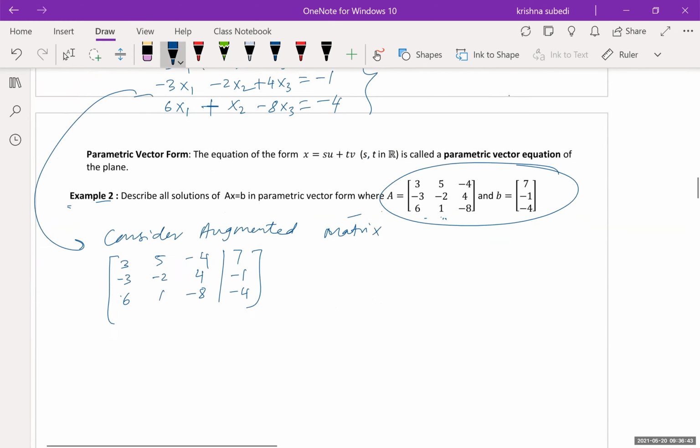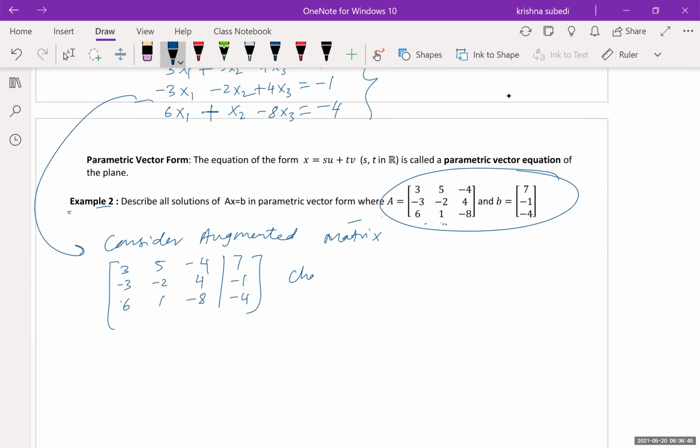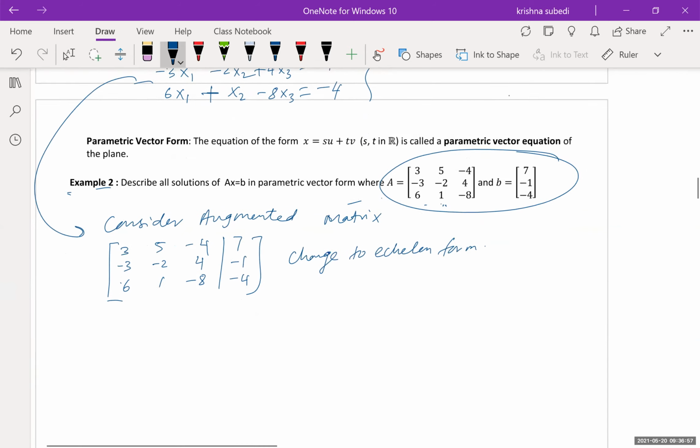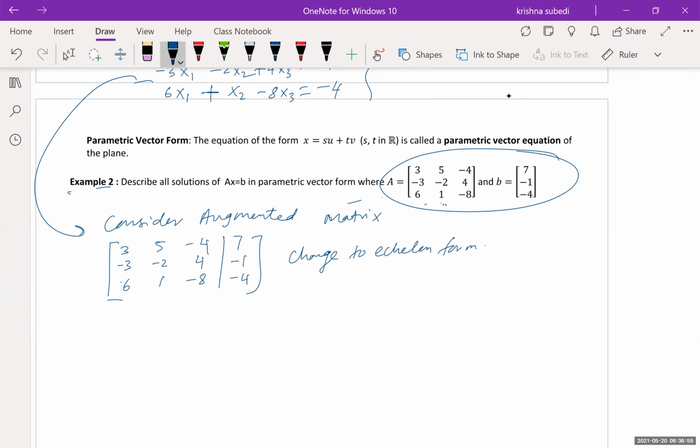Okay. Now change it into echelon form. I leave it to you guys. The echelon form, you already did it before.